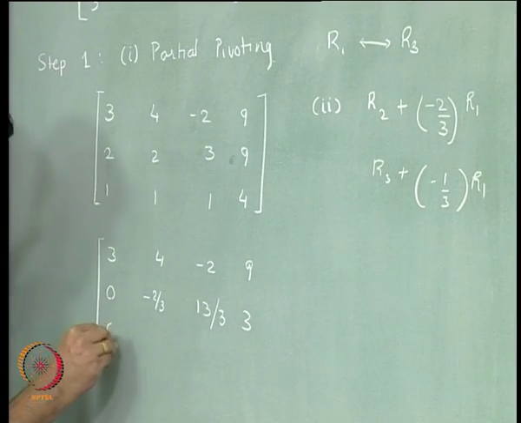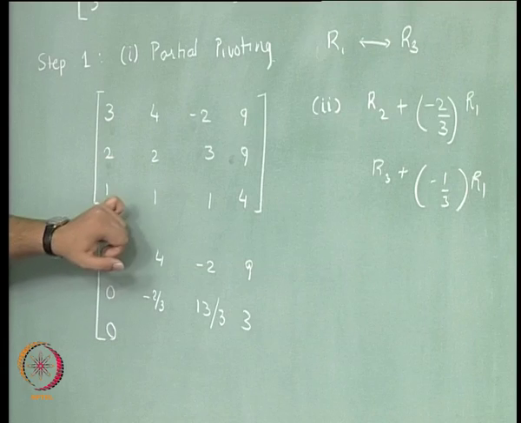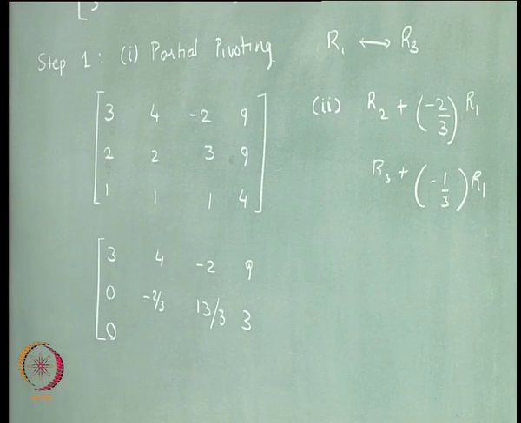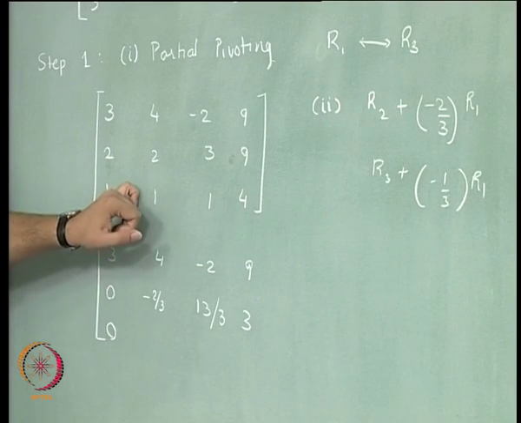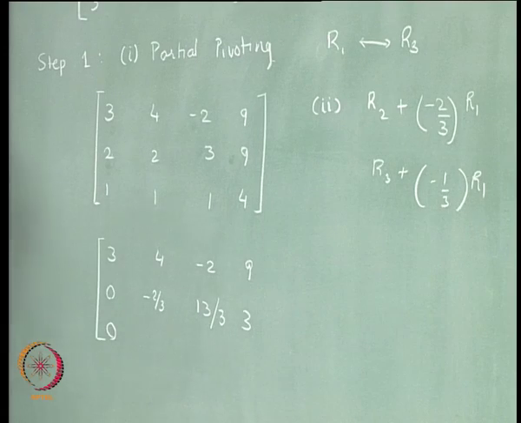Okay, and over here we will get a 0, and 1 minus 4 by 3, that is minus 1 by 3.